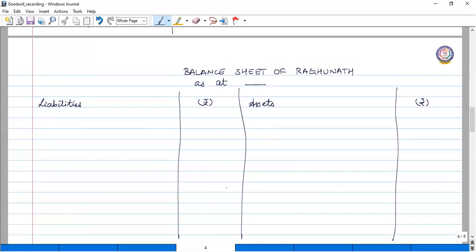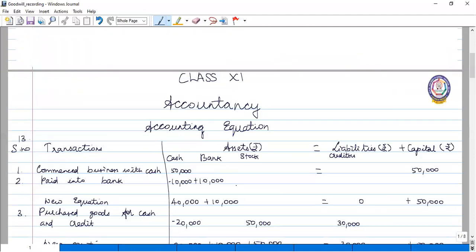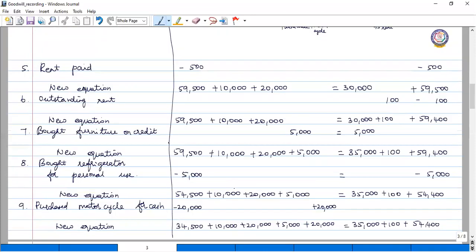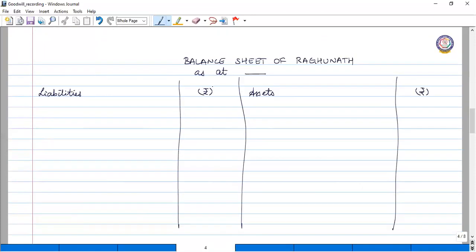So first we have cash in hand, then cash at bank, then stock, furniture, motorcycle. So cash in hand, cash at bank, then stock, furniture, and motorcycle.